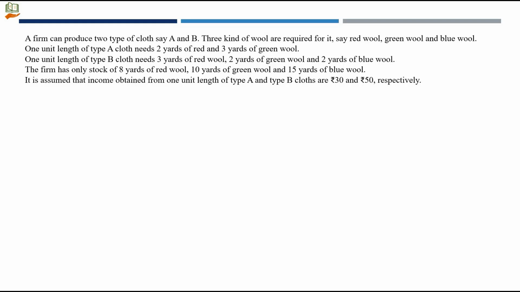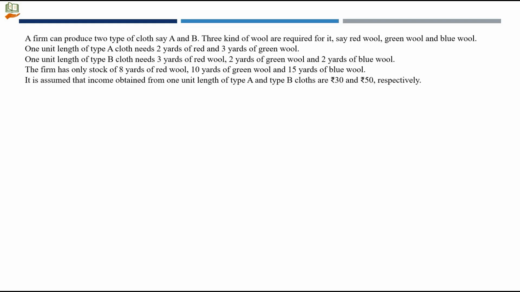A firm, in the sense a company, can produce two type of cloths, say A and B. Three kind of wool are required for it, say red wool, green wool and blue wool. 1 unit length of type A cloth needs 2 yards of red and 3 yards of green wool. 1 unit length of type B cloth needs 3 yards of red wool, 2 yards of green wool and 2 yards of blue wool.